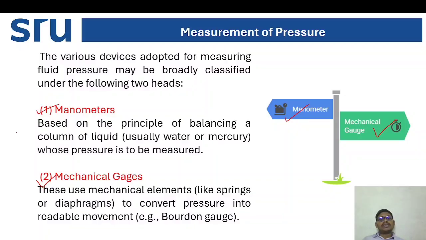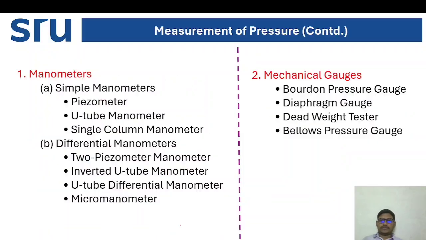Mechanical gauges use mechanical elements like springs and diaphragms to convert pressure into readable movement, like the Bourdon gauge.